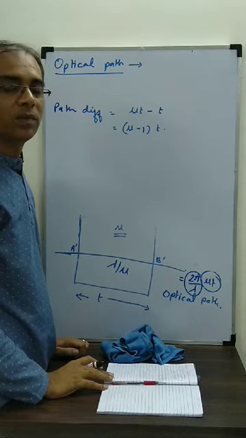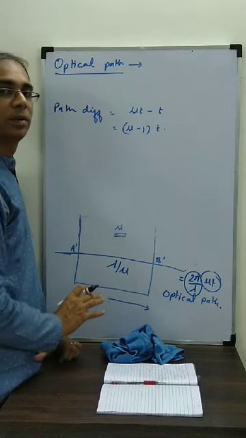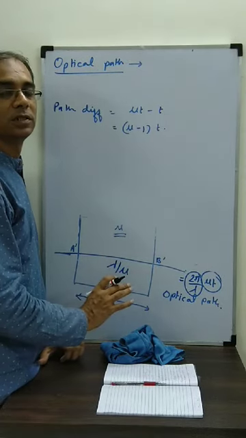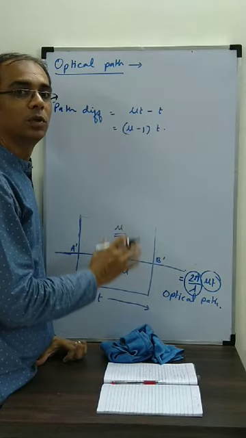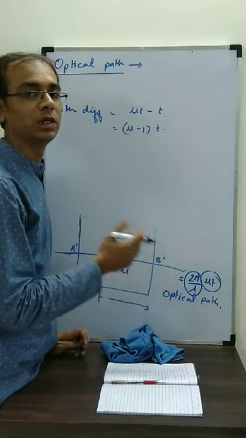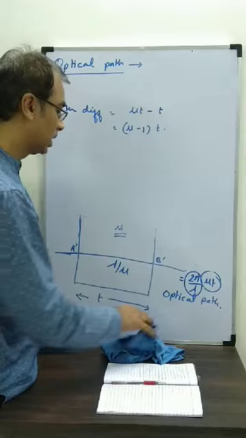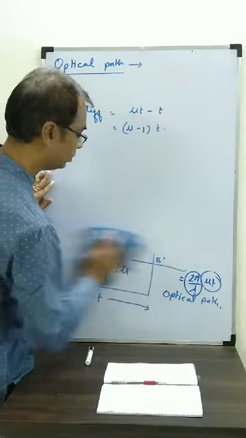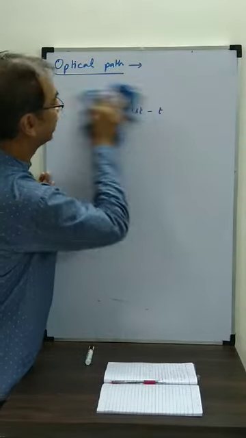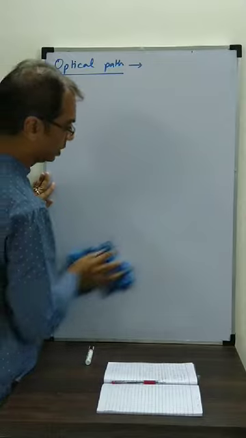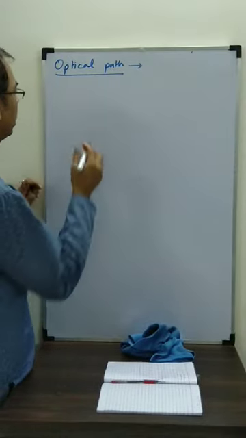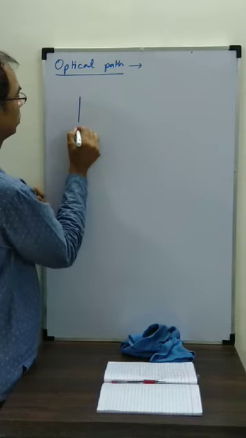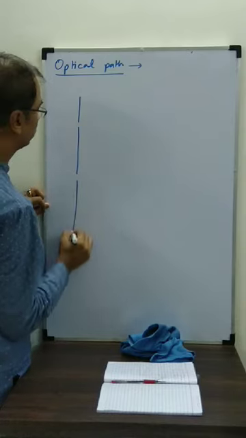Able to understand? When you put a slab, the path difference created as compared to air is mu minus 1 into t. Let us see how to use that. Suppose I introduce one very thin slab. Suppose this is S1 and here is S2.